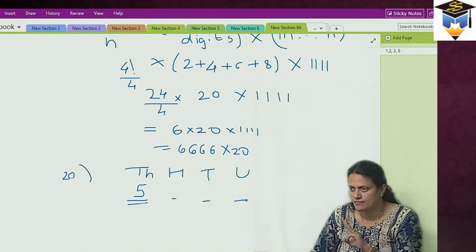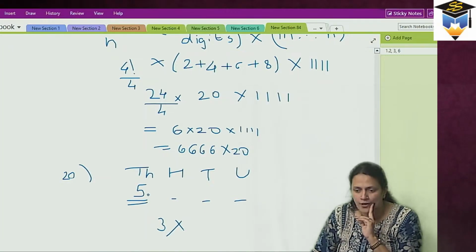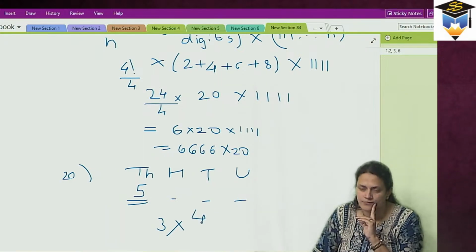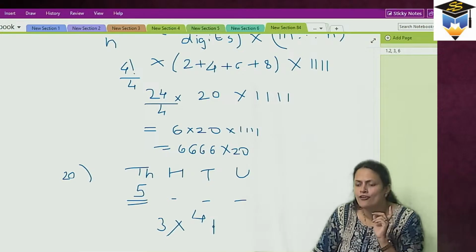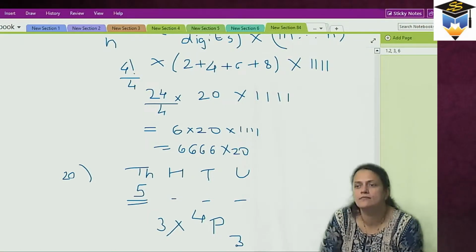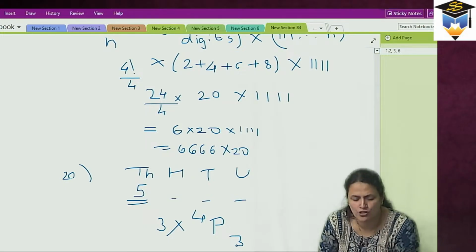Any 3 ways. 3P3. And now, since this position is fixed, you have to find out the 4-digit number. So this is decided. 4P, and what will be the number of r in this case? 3. Why? Because one position is fixed, only 3 positions are to be filled.